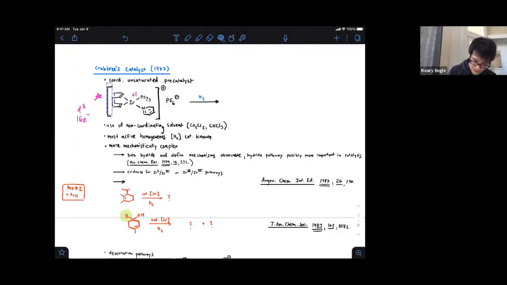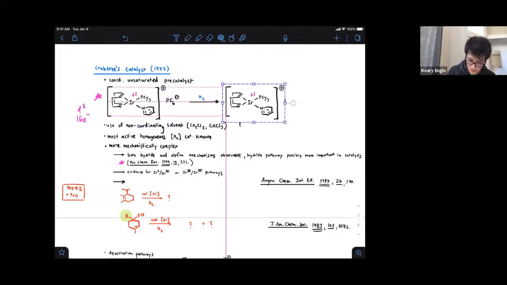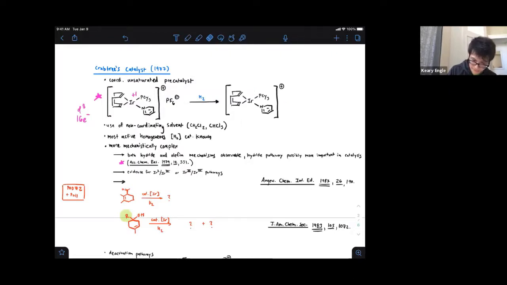And I would just draw everyone's attention to this review by Crabtree, which has such a colorful and unique writing style. It's definitely a great read. One of the things he comments on in terms of the development of the Crabtree catalyst is that the Schrock-Osborn and Wilkinson's catalyst research generally was done in ethereal polar solvents, and Crabtree's catalyst does not work well at all in those solvents.